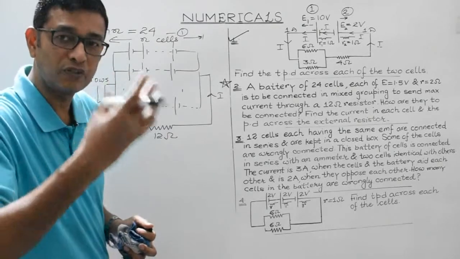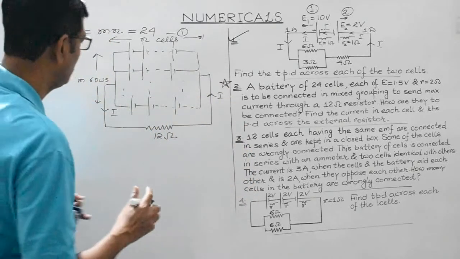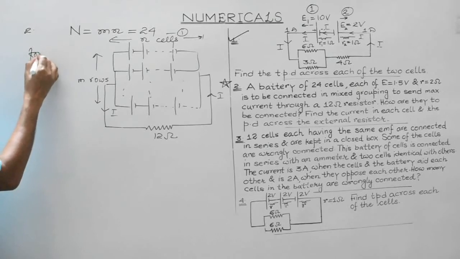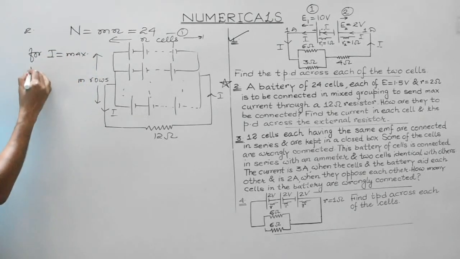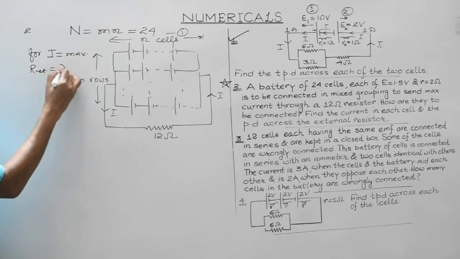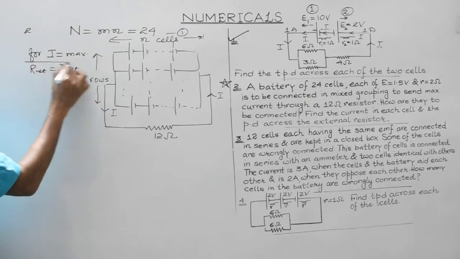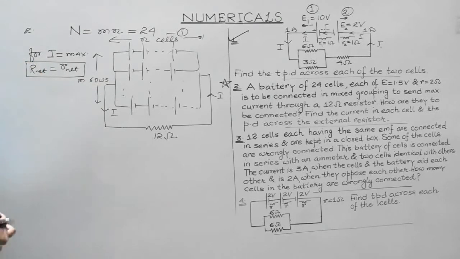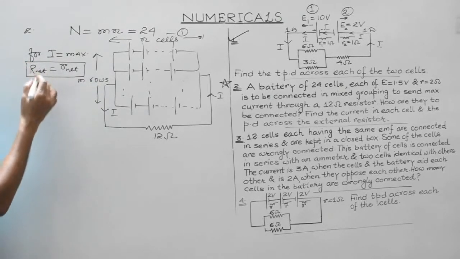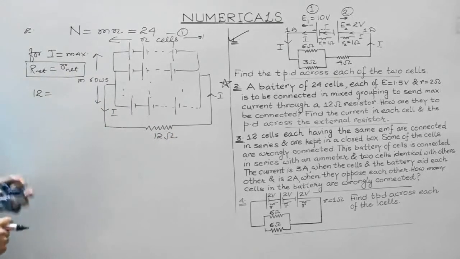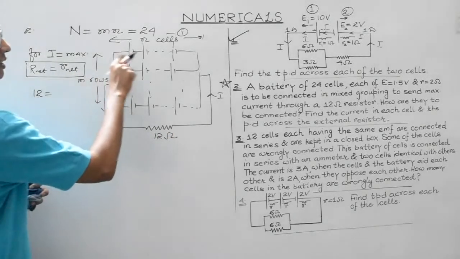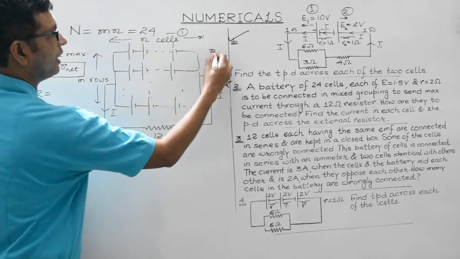We have to make use of this result while solving this numerical problem. So, for current to be maximum, net external resistance should be equal to the net internal resistance. This is the condition, right? So, net external resistance is 12 ohm. This is the net external resistance. And what is the net internal resistance? You must remember, in each branch, the net internal resistance would be nr.